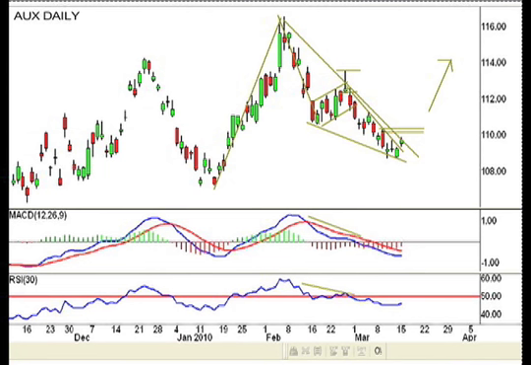I put it on a 30-day just to kind of see what the trend has been in place for the last month. As far as the MACD is concerned, that 12.26.9 tends to be a very standard set of numbers that's utilized, and I find that they work very well.